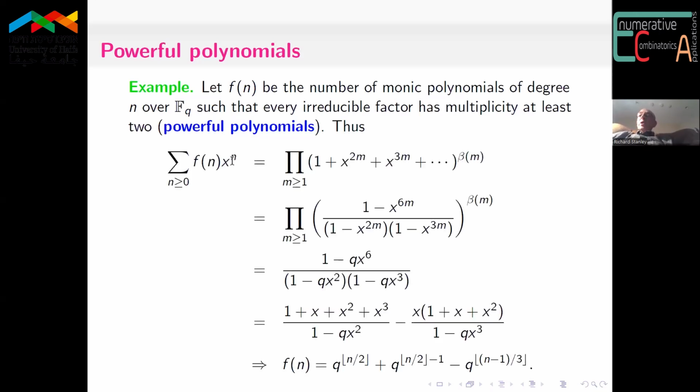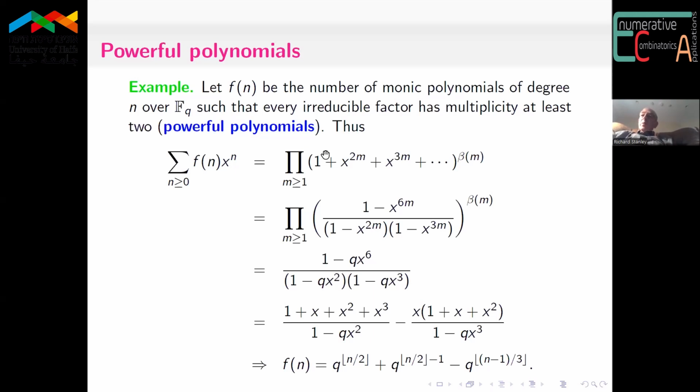Well, just like we did for getting partition identities, our generating function for f of n, the number of monic powerful polynomials of degree n, will be this product: 1 plus x to the 2m, x to the 3m, etc. But instead of this exponent being just 1 as for partition identities, it's beta m, the number of irreducible polynomials of degree m.